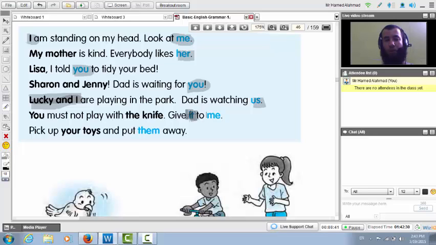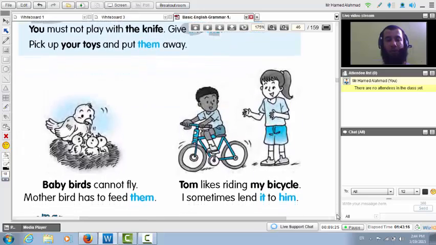Actually no, because I is the subject pronoun and here we have the pronoun in the object position. Then the last sentence, pick up your toys and put them away. Instead of saying put your toys away, we said put them away.